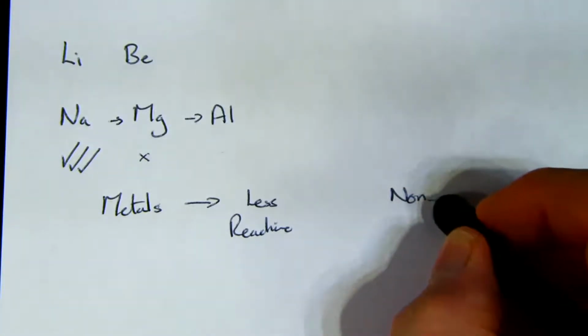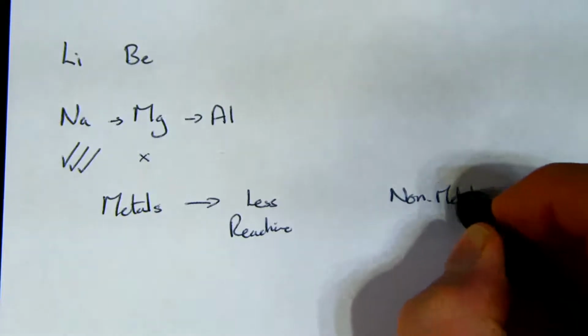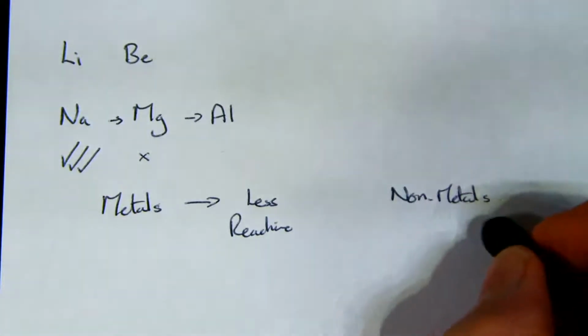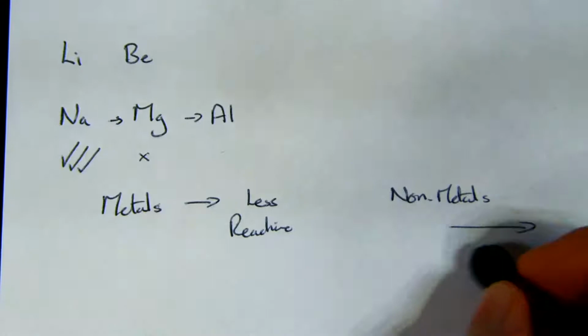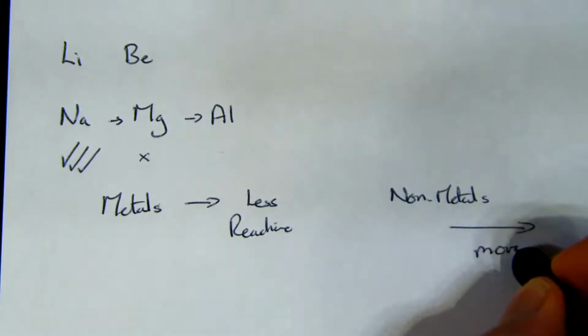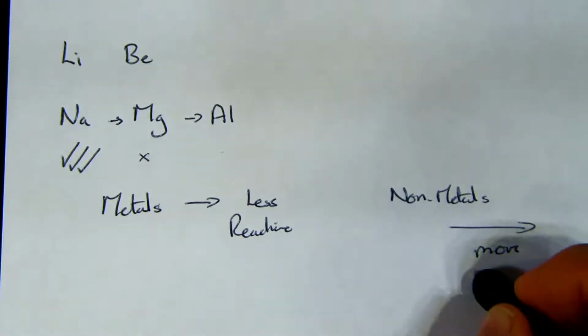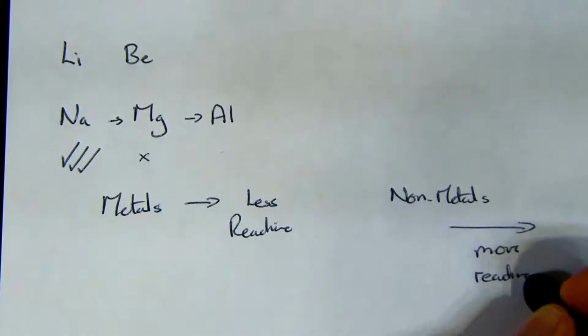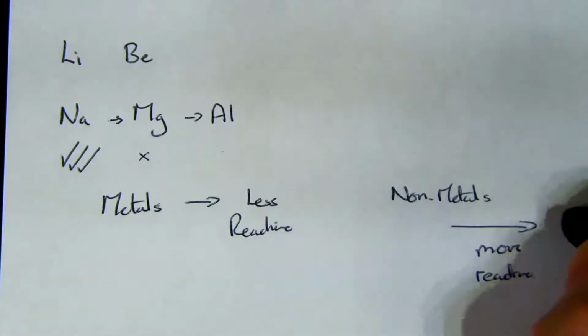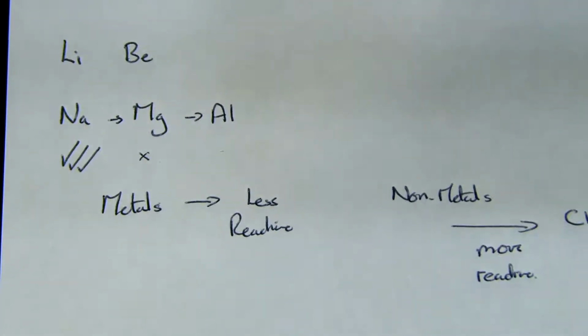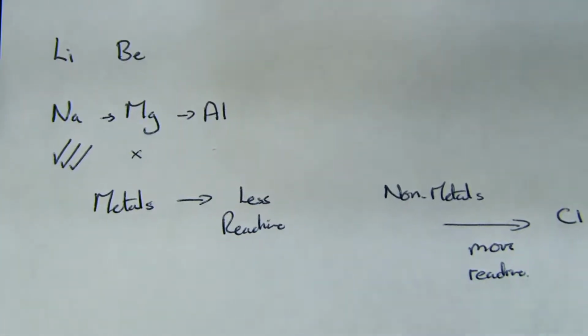Over the other side of the periodic table, where we get the non-metals, they are tending to get more reactive. Going across here towards chlorine, which is quite reactive compared with perhaps some of the other substances.